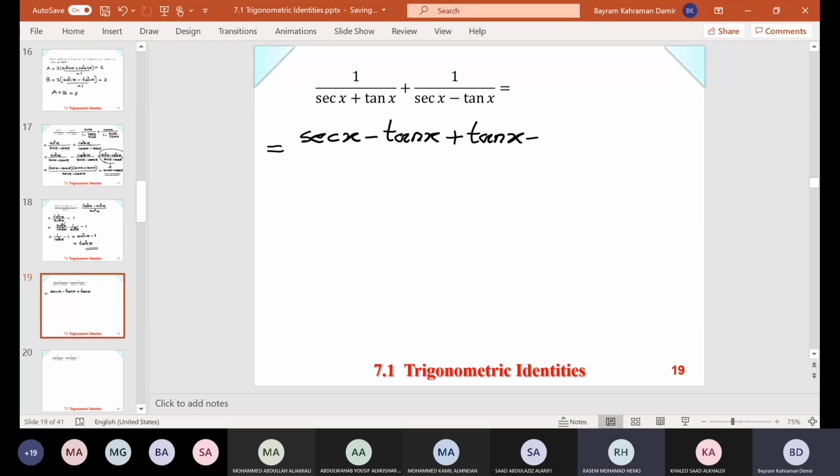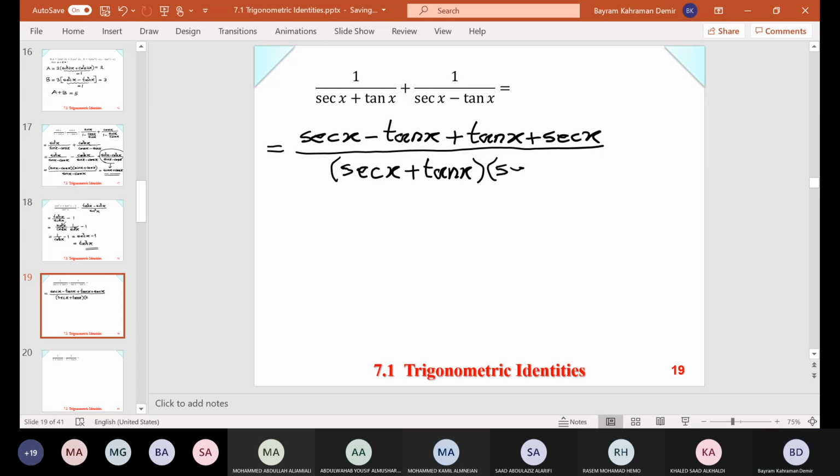So take this secant x plus tangent x, divided by secant x plus tangent x and secant x minus tangent x.